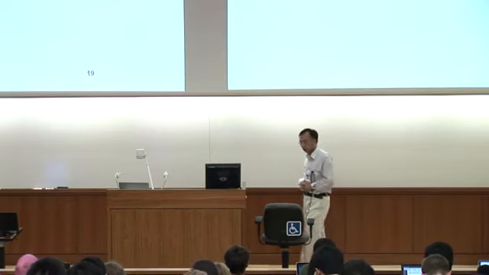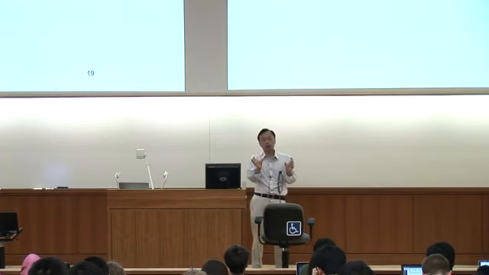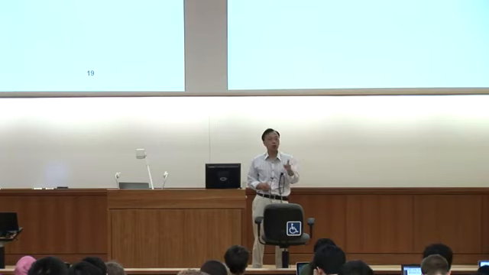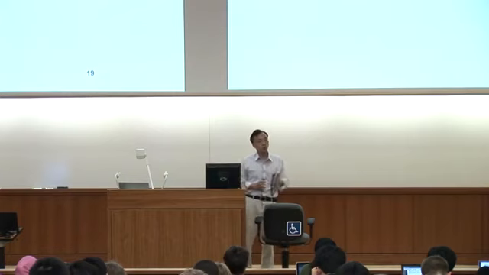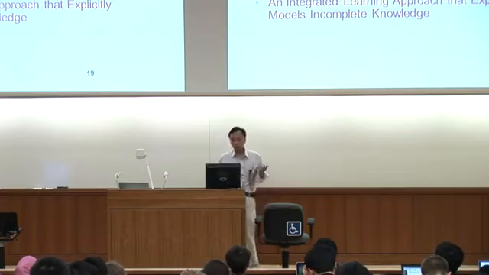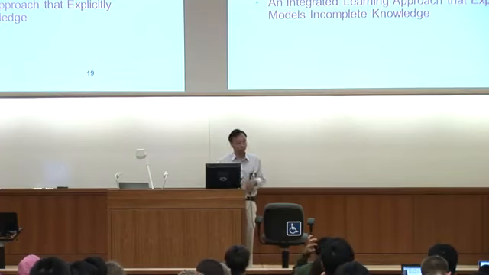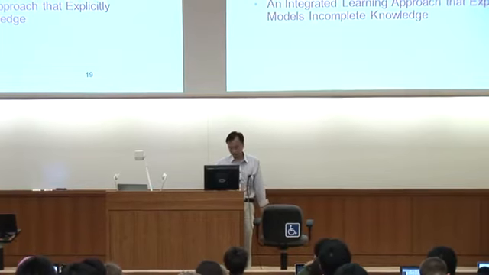So in this case, we only know the overall relationship about who is the expert in this topic, but we do not know which particular document, which particular email, which particular publication actually represents this expert's expertise. Some of the documents of this expert may not be relevant to this topic at all. So in this case, we are going to introduce our integrated learning approach that explicitly models incomplete knowledge in the training data.